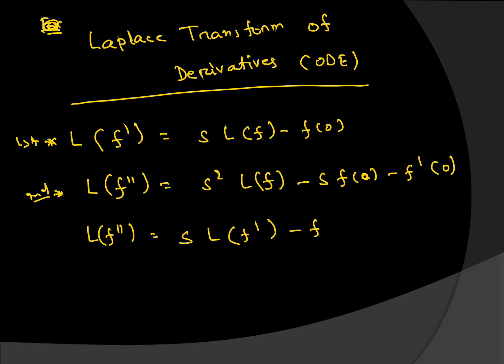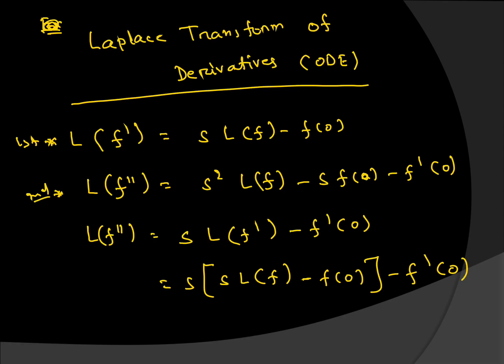Here s into L of f dash, we can write as s into L of f minus f of 0, then minus f dash 0. Here you will get s square into L of f minus s into f of 0 minus f dash 0.